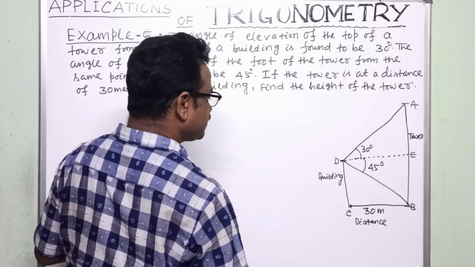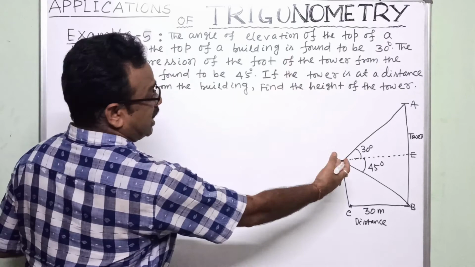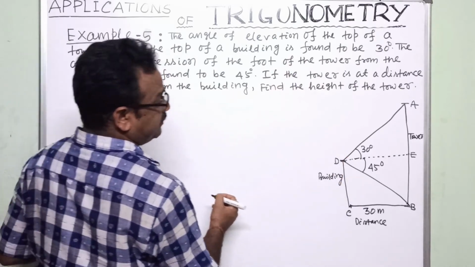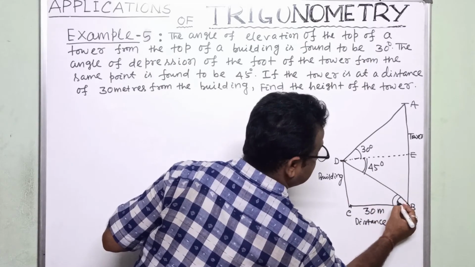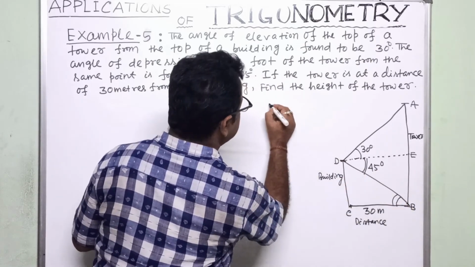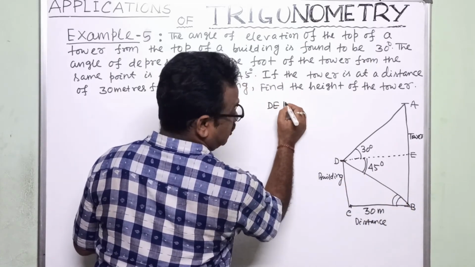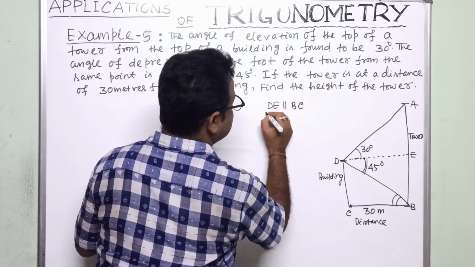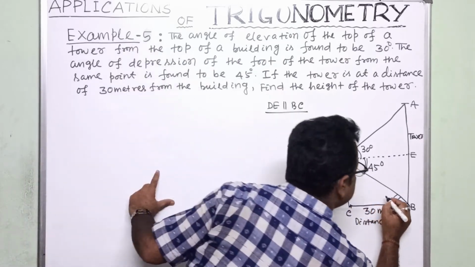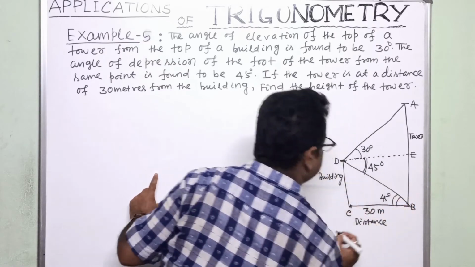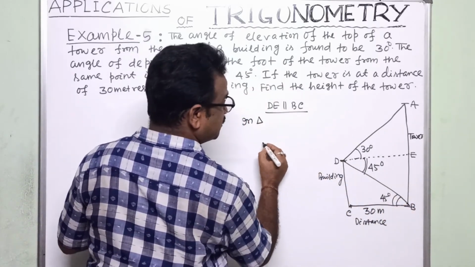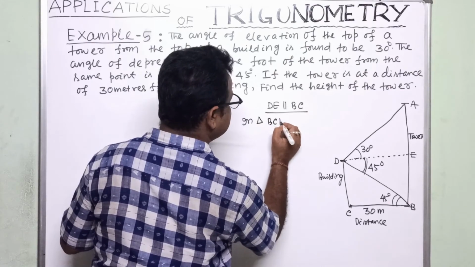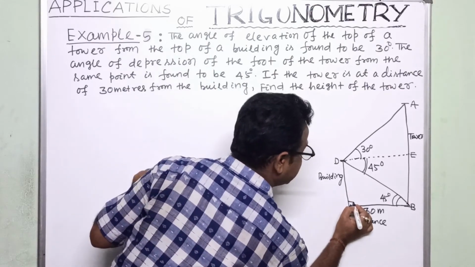Now look at the figure. This is your 45 degrees, so this will be 45 degrees because DE is parallel to BC. Now in triangle BCD, this is your 90.